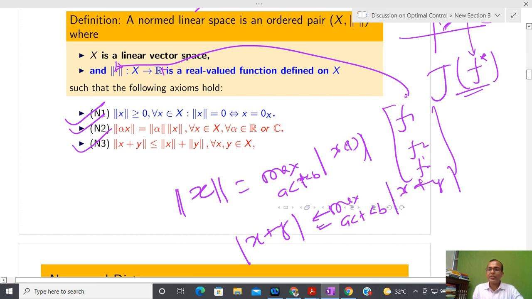Here I do not have an absolute value, I have the Euclidean norm. So now I have some kind of function, with components f1, f2, f3 up to fn.